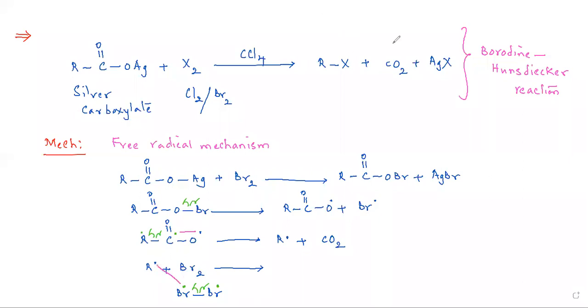You will get your alkyl bromide, and another bromine free radical. So this is Borodin-Hunsdiecker reaction.